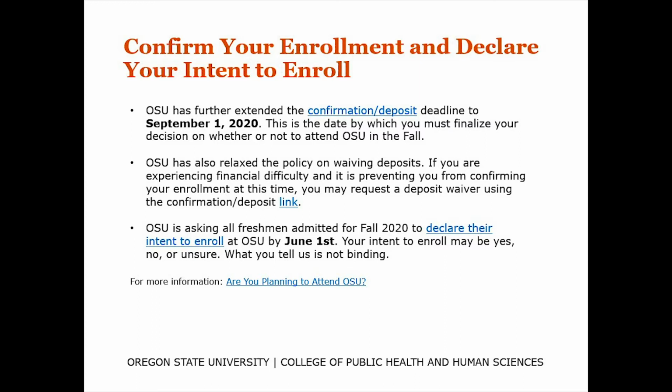But then you have until September 1st to change your mind and request a refund, because we know that there might be some significant changes in your life between June and September. We want to give you the ability to adjust as needed. So while we're asking you to pay your advanced tuition deposit by June 1st, you would be able to request a refund and let OSU know that you are no longer planning on attending before September 1st.